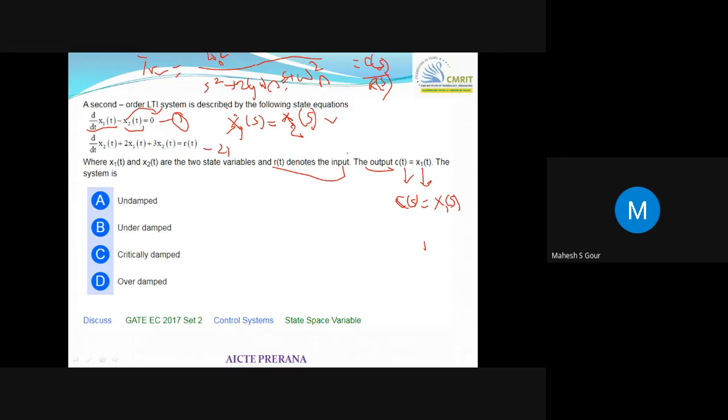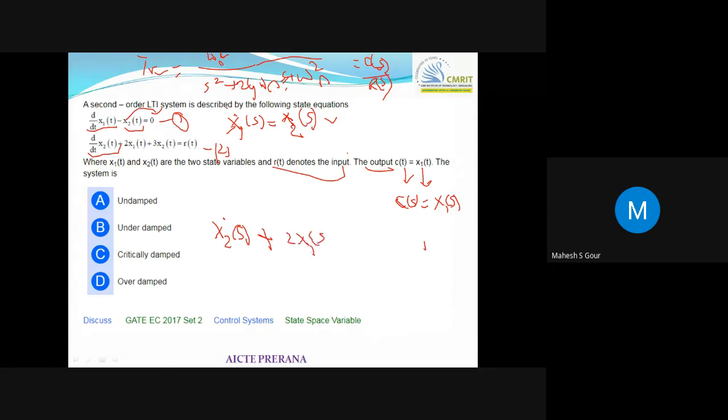So how to write this equation in the Laplace domain? As I told, d by dt of x2 of t, you can write as x2 dot of s. So the first part I have written as x2 dot of s. Now the next part, plus 2 x1 of t, I can write as 2 into x1 of s.